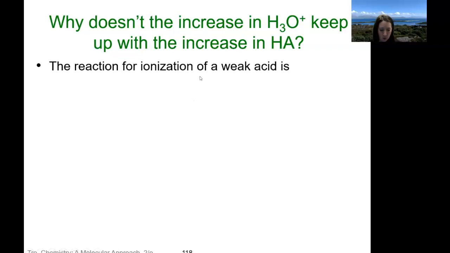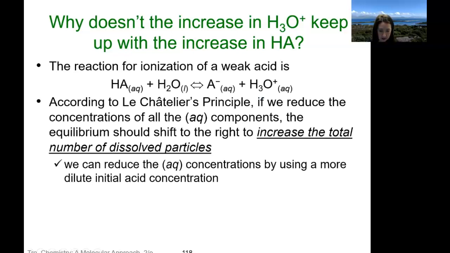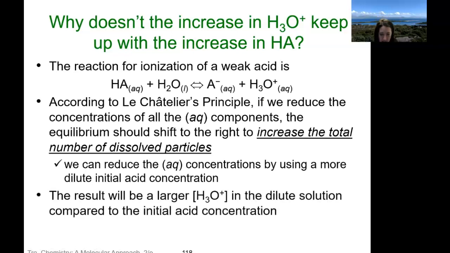Okay, so when we have that ionization of our weak acid, so here's our weak acid. According to Le Chatelier's, if you reduce the concentration of all of these, equilibrium should shift to the right. So ignore water.